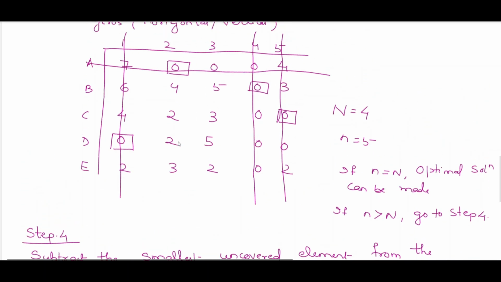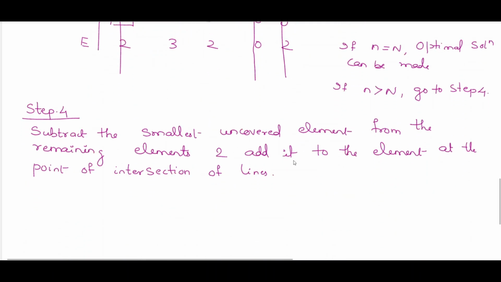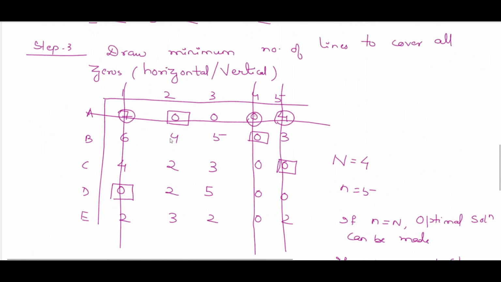And what you will add: you can see the intersection points. This 7 is crossed, this 0 is the intersection element, this 4 is the intersection element. For the intersection elements you add the minimum. That means for uncovered elements you subtract 2, and at the intersection elements you add 2.